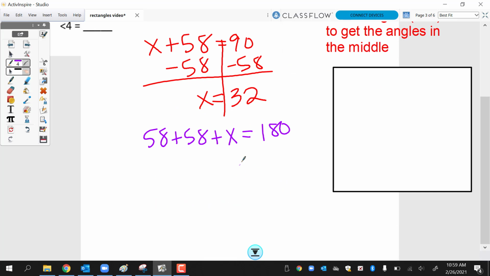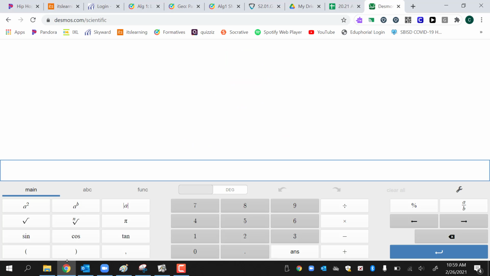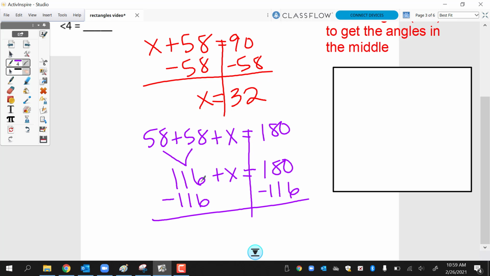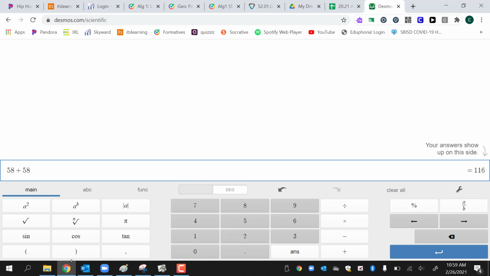And we're going to solve. We add our 58 plus 58. I don't know what that is, so let's add it. 58 plus 58 is 116, plus x equals 180, and then we minus 116 to the other side. So that crosses out, and this is x. 180 minus 116 is 64.